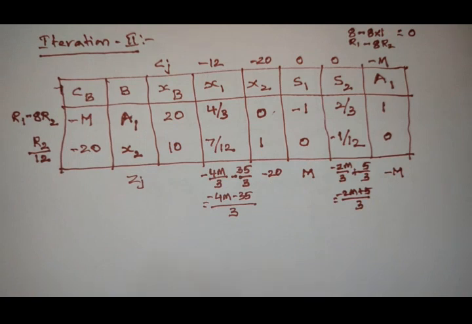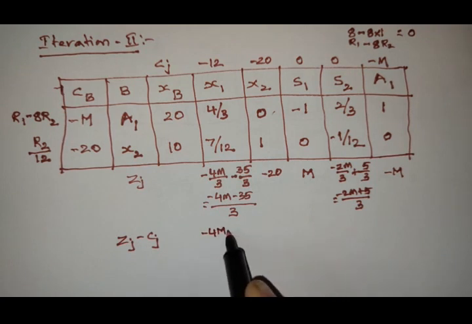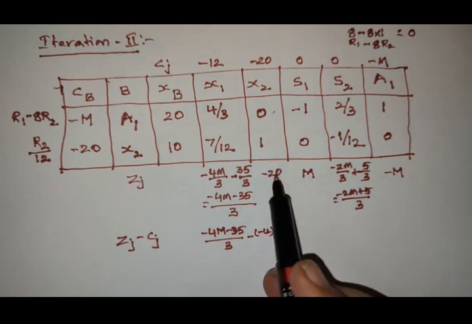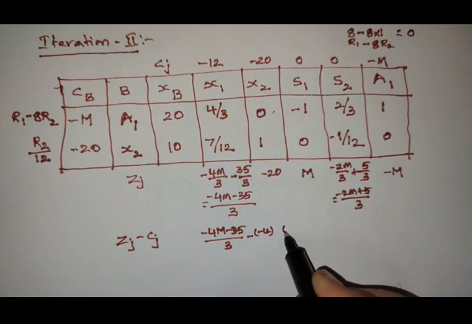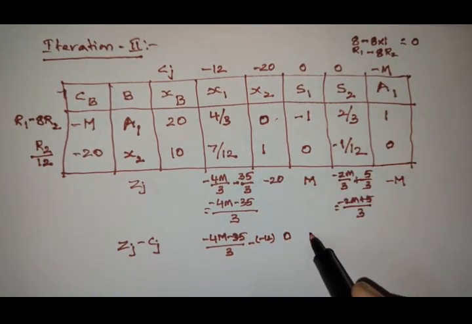And next, calculate Zj minus Cj. So here what will we get? Minus 4m minus 35 by 3 minus Cj, means minus of minus 12. We need to solve that one. Next, minus 20 minus of minus 20, so plus 20 it will become, it is 0. Next, m minus 0, m.